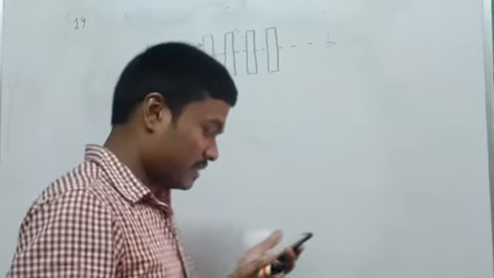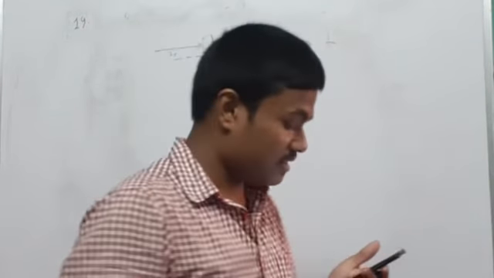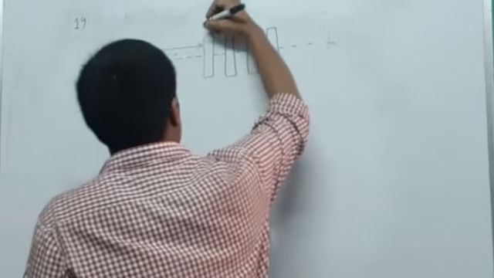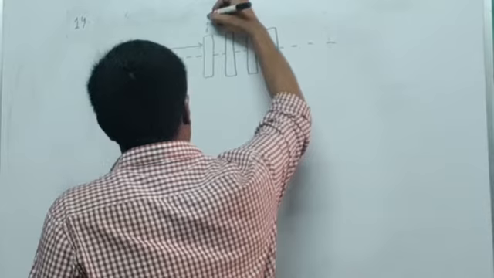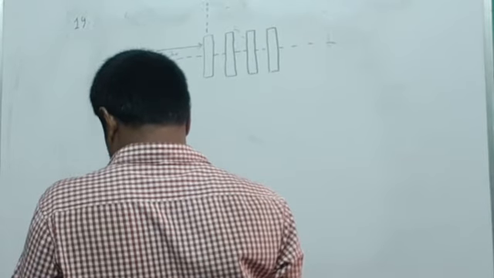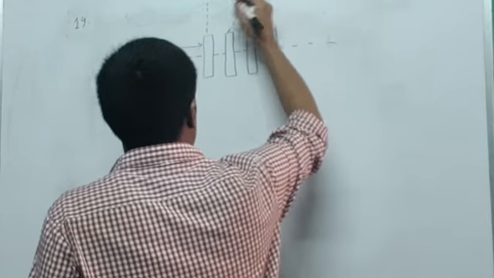The transmission axis of any two successive polarizers make an angle of 30 degrees with respect to each other.